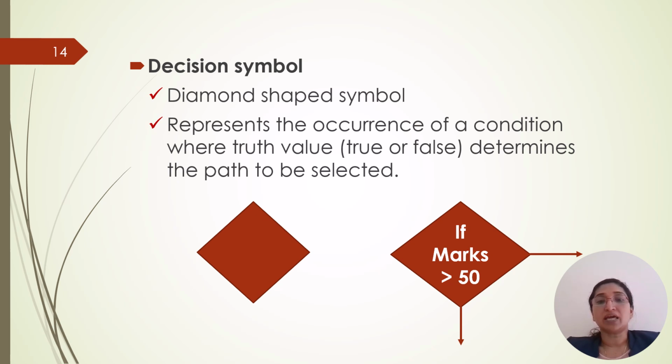Now you need to make a choice based on a condition, and to write the condition, you use this decision symbol. For example, you need to check whether the student's mark is greater than 50. If it is greater than 50, you need to decide the student is a pass student. Otherwise, you decide the student is a failed student.